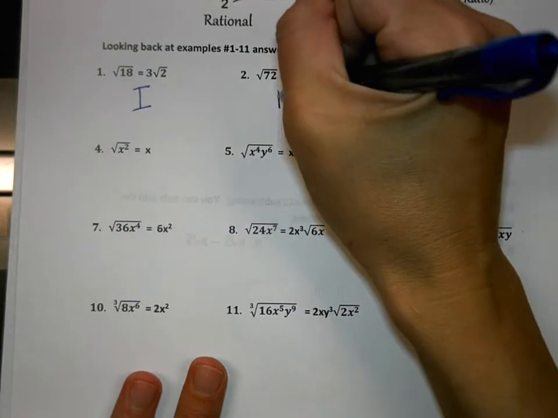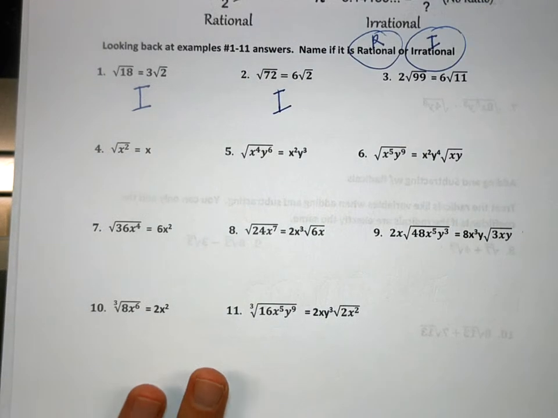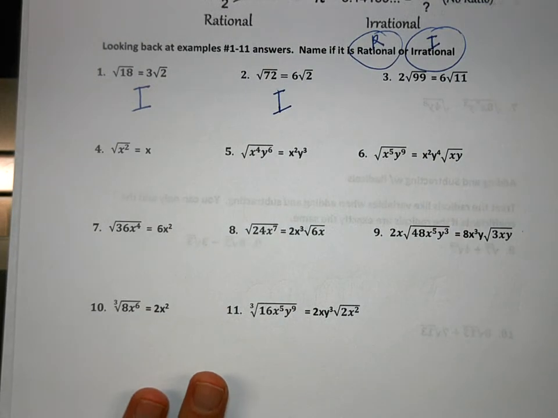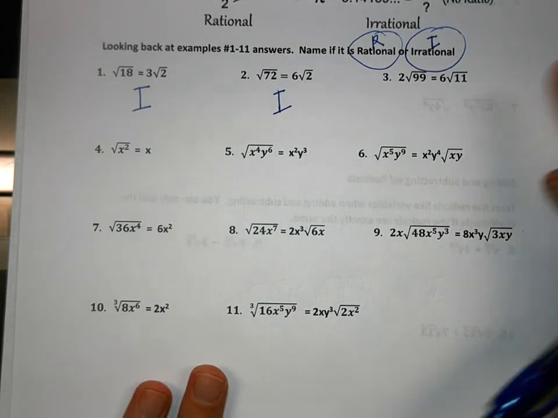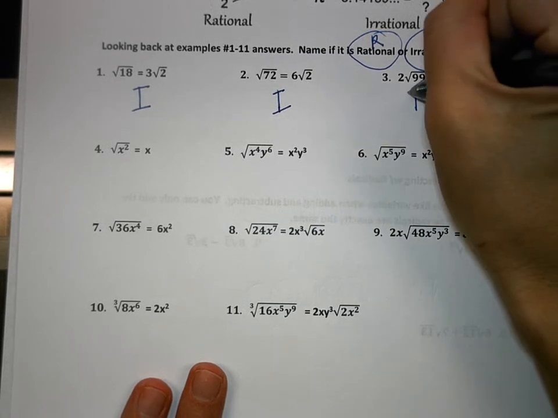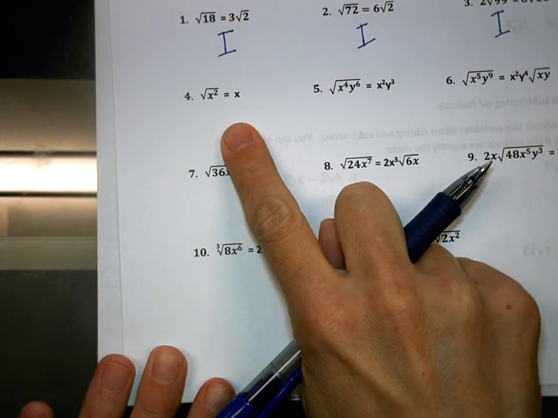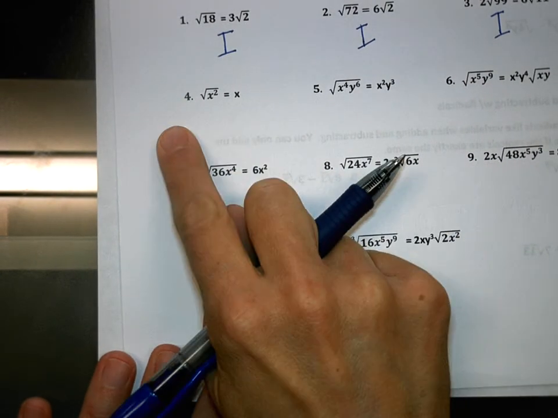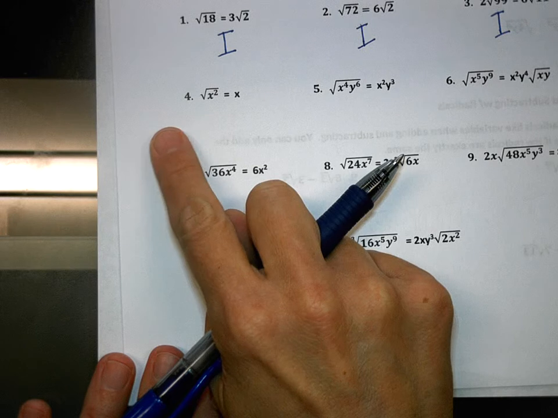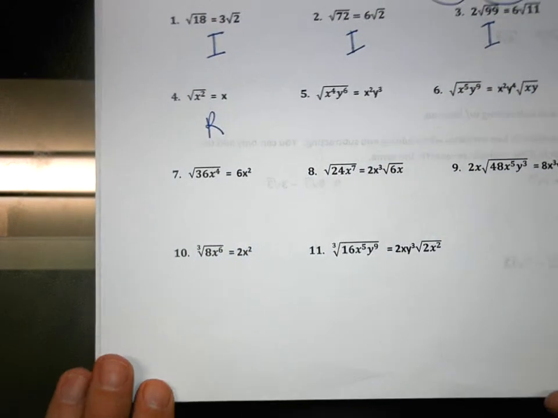Good. Number 3, is there a root still in the answer once it's simplified? Yeah. Irrational. Okay, number 4, rational. Because it wouldn't matter what number I put in there, the square root of something squared ends up becoming that number. So this is rational. Anytime you eliminate the root, it's rational.